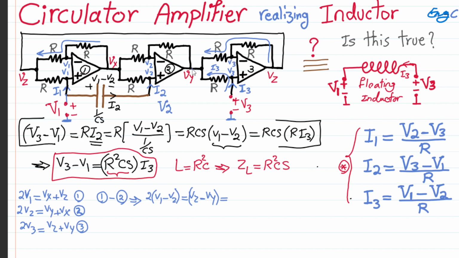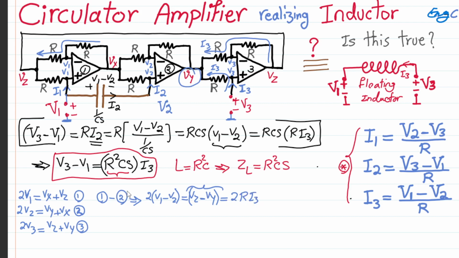One side they both have Vy, and the other side they both have V3. So the voltage drop across this R should be the same as the voltage drop across this R. So the current should be the same. This should be I3. Therefore, Vz minus Vy is 2 times R times I3. So I'm going to substitute this with 2 times R times I3.